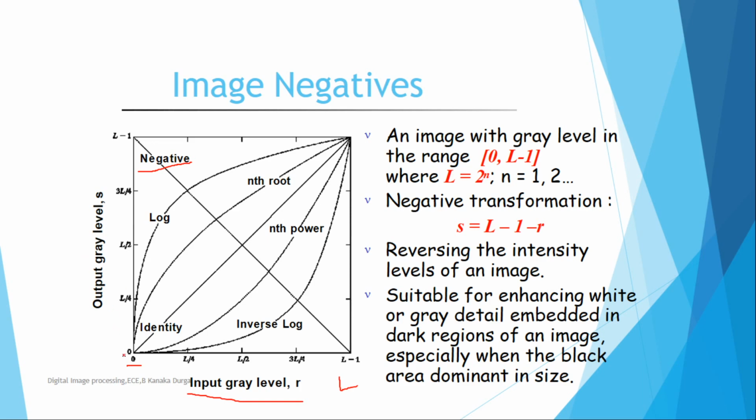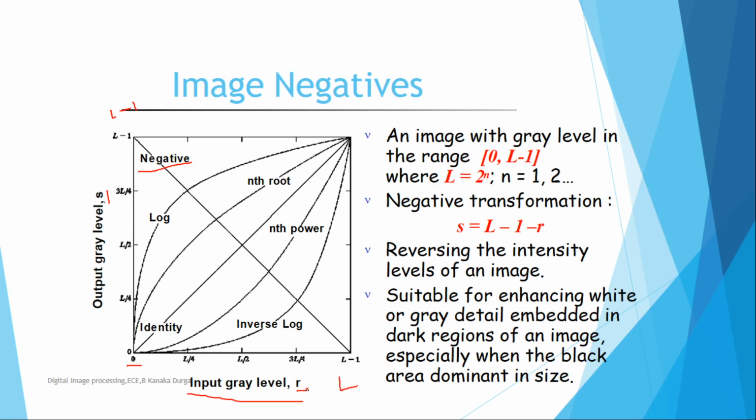This is the input gray level of values. And for the output gray level of values, same scenario, we have the maximum value of L, and since we start with 0, we go from 0 to L minus 1. On the x-axis we consider the input gray levels, and on the y-axis the output gray levels. I represent the output by S, and the input by r.